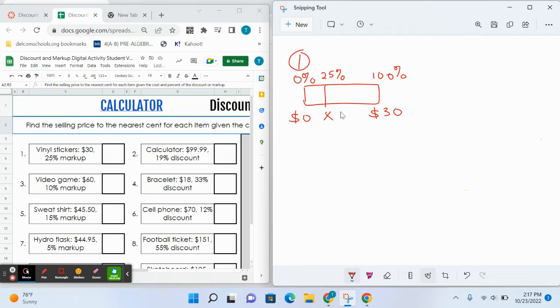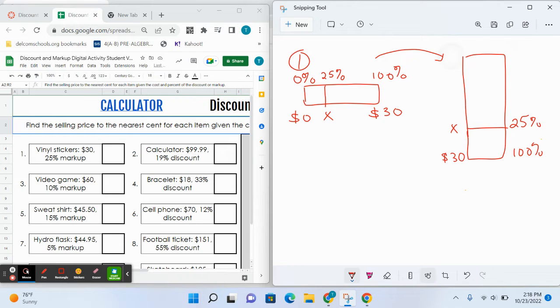If you did have this rectangle set up, then we said you could rotate it and look at the bottom. Ignore the zeros on the top. You have 25% there, you have 100% there. This is your X dollars on the left, your $30 total.